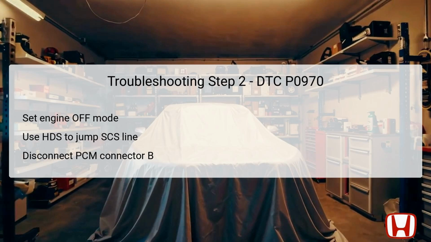Following this, utilize the HDS tool to short the SCS line, which is particularly useful for isolating the fault in the circuit. After this action, the next crucial step is to disconnect the PCM connector B, specifically the 51P connector. This action disengages the PCM from the circuit, facilitating a more detailed examination of the wiring.